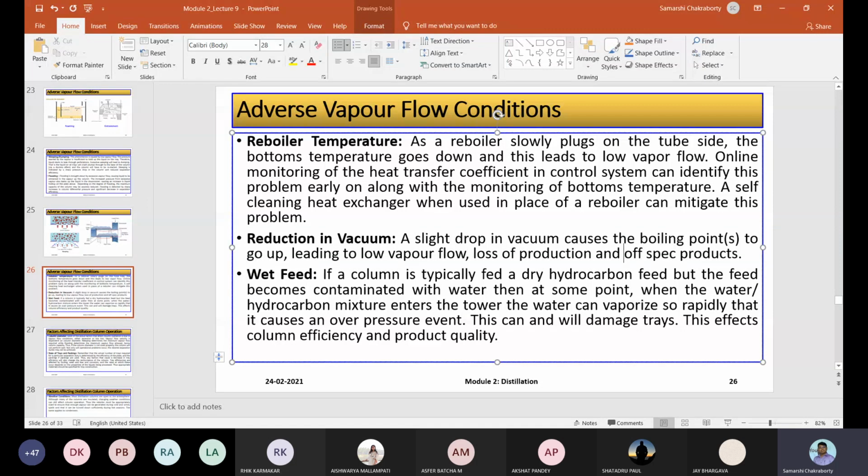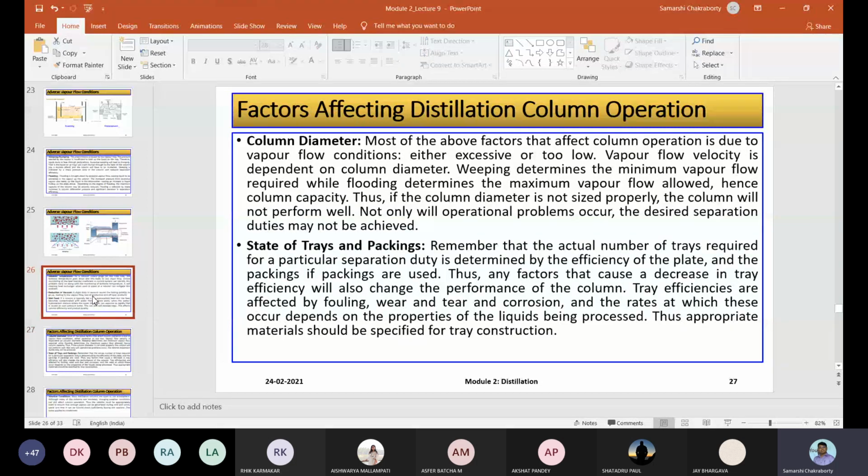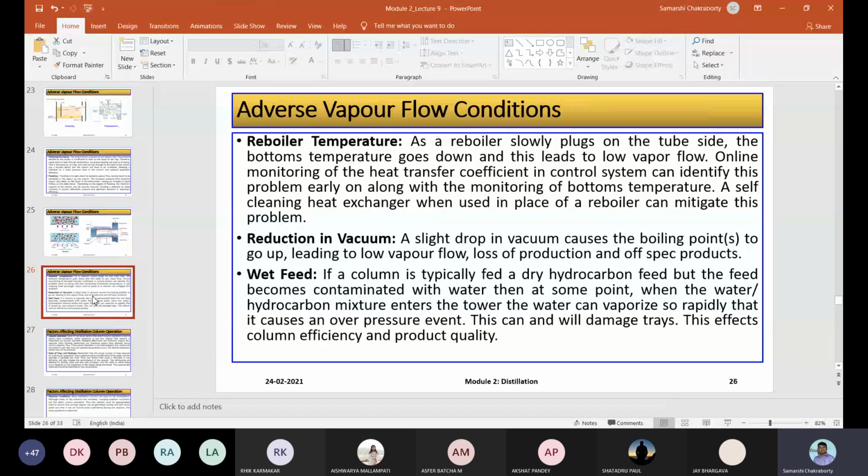As I have told you, because of the overpressure, even internals like trays and packing can get damaged severely. This will damage the trays. This effect can detrimentally affect the column efficiency as well as the product quality. Okay, so the boiler temperature is done.